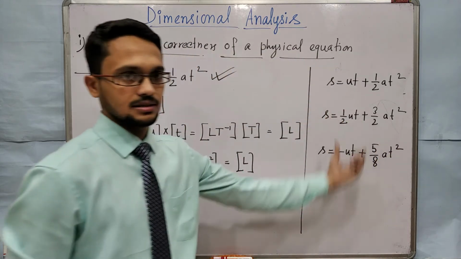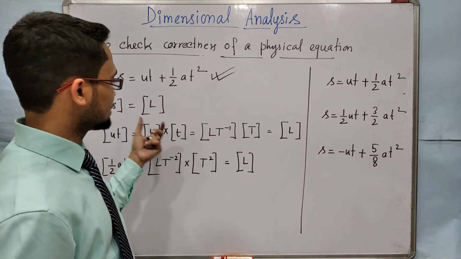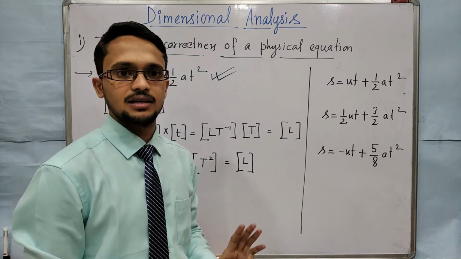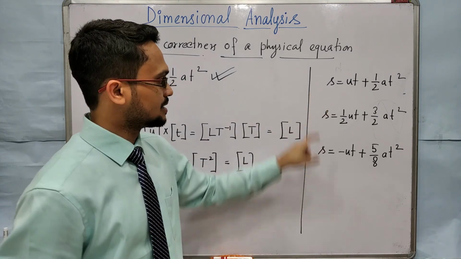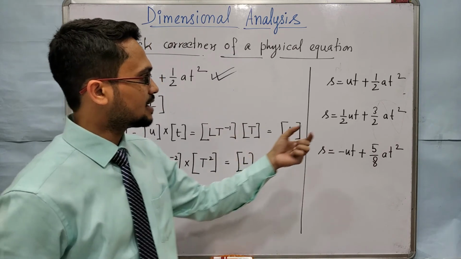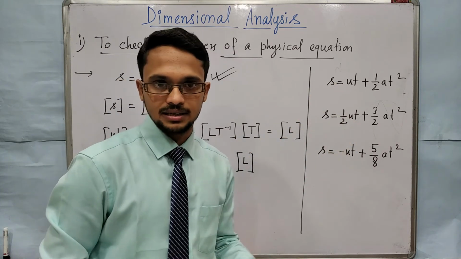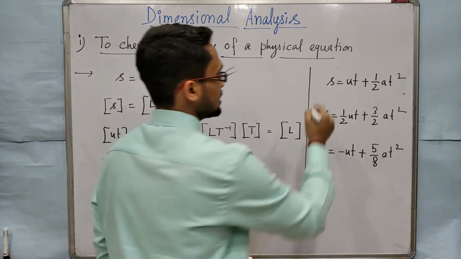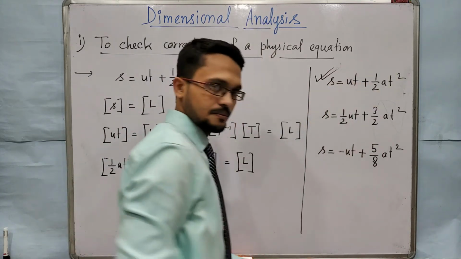Look at these three equations. If you check them dimensionally, these three equations are correct. They are dimensionally correct, but they are not correct physical equations. Only this equation is correct.